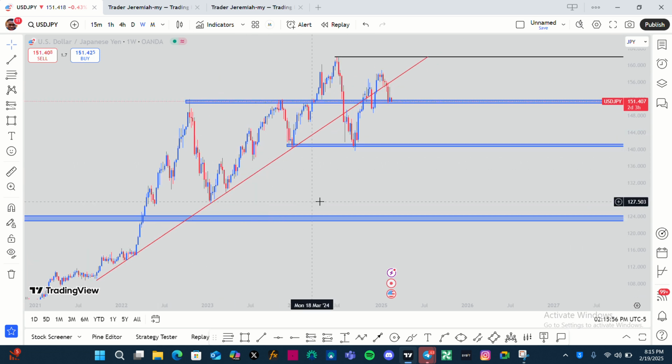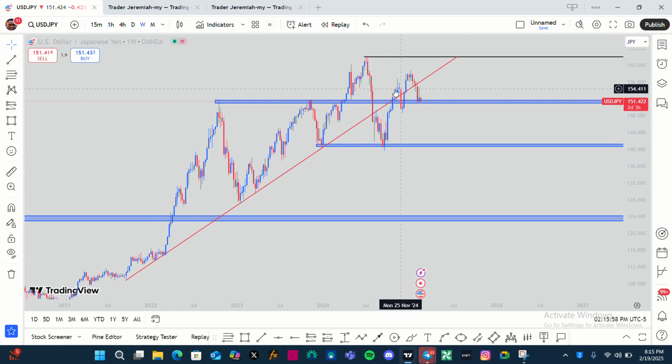The reason why I say that is, the first reason is that price broke out of this trend line, and the second reason is that price created a higher high at this region, because it was still higher than this previous high, which was formed because of this week. So this was a higher high and higher low. This was a higher high, and price needs to create a higher low maybe at this region.